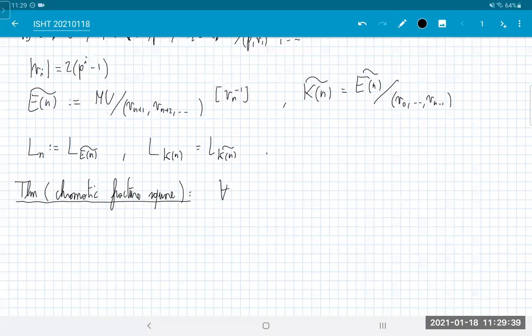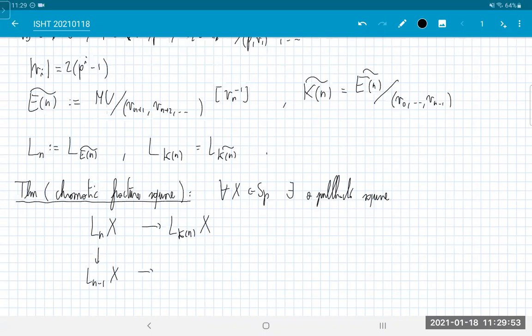For every spectrum X, there exists a pullback square: LnX, LKnX goes to Ln minus 1 X, and Ln minus 1 LKnX. So you can inductively build Ln by all the LKns plus gluing data.